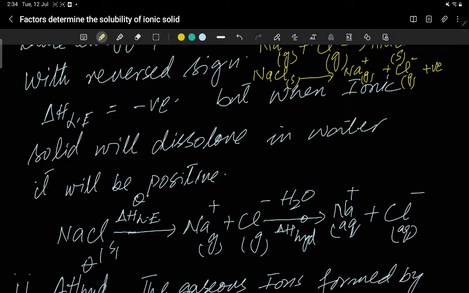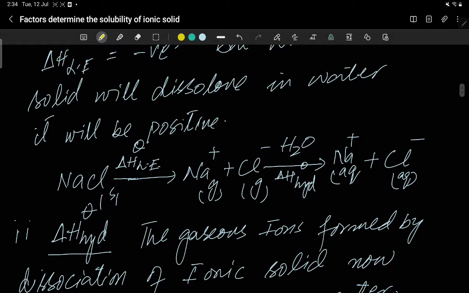When an ionic solid dissolves in water, this step is positive, because the ionic solid first dissociates into sodium gaseous ion and chloride gaseous ion.